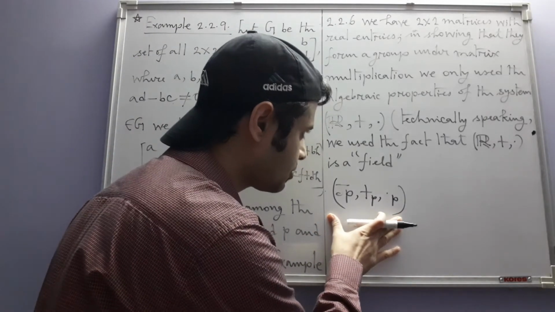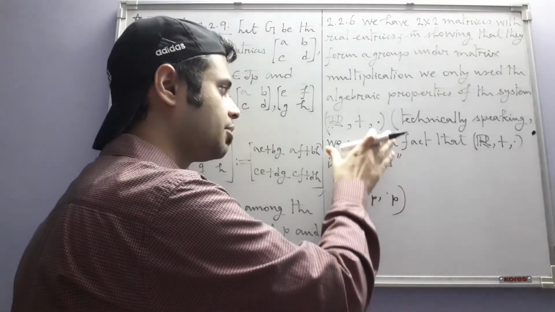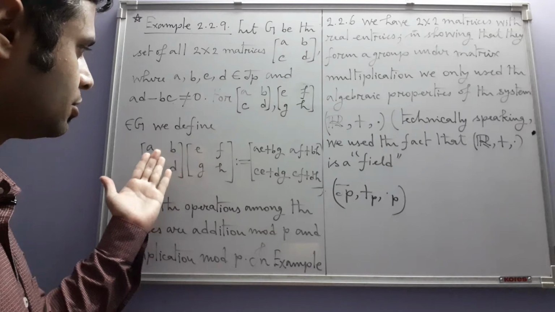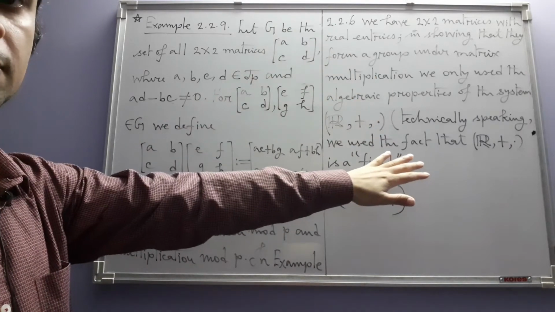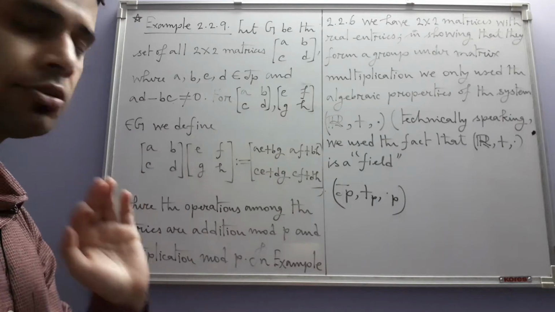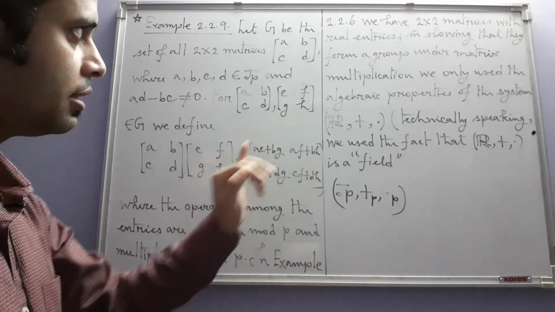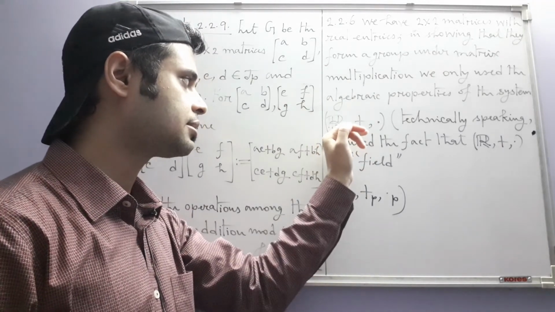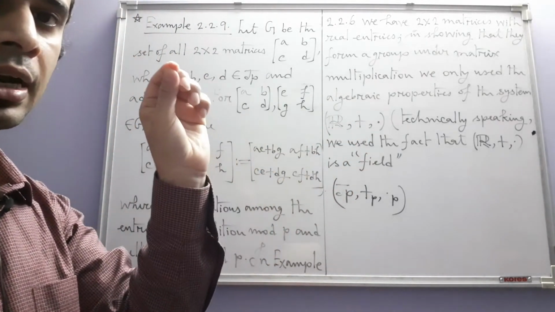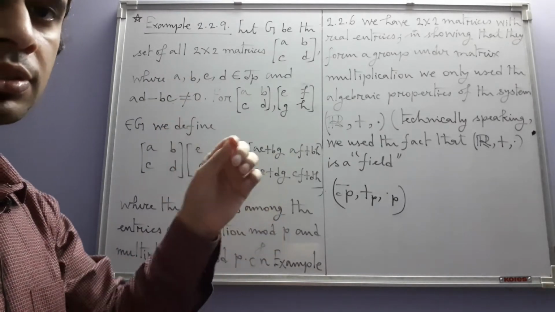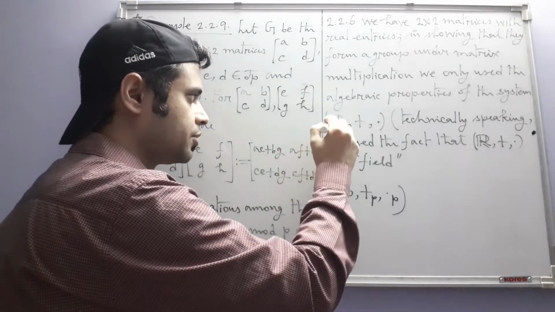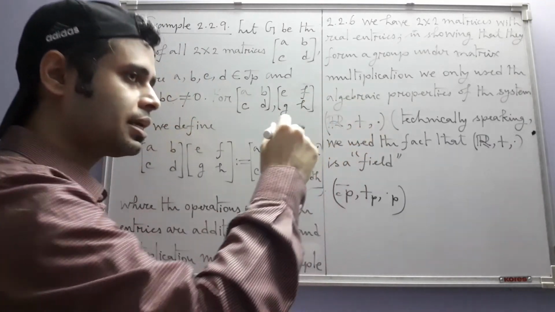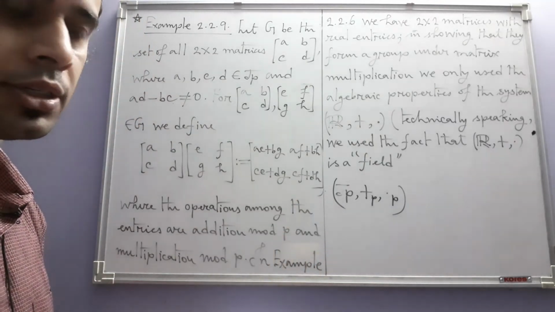This system also satisfies exactly similar properties as this system. So don't you think that just like how the real matrices formed a group, these matrices will also form a group? Keep in mind that in showing that the real matrices form a group, we used only those properties and not the fact that the entries are real numbers. Yes, of course they were real numbers, but we only used the algebraic fact that addition of real numbers is associative, real numbers are closed under addition.